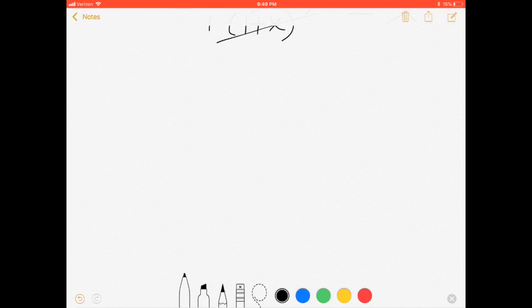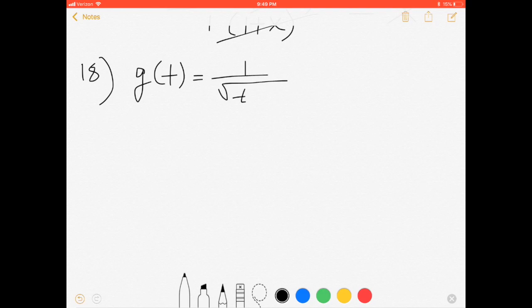Now, a different question. Use the horizontal line test to check whether this function is invertible or not. Number 18. The function g(t) equals 1 over square root of t squared plus 1. Here t can be any number.